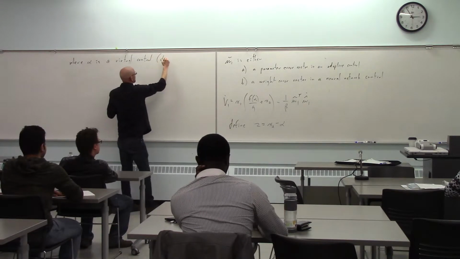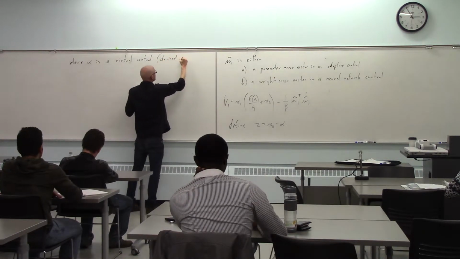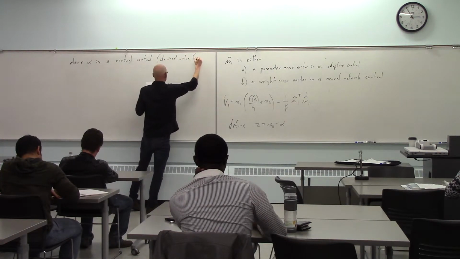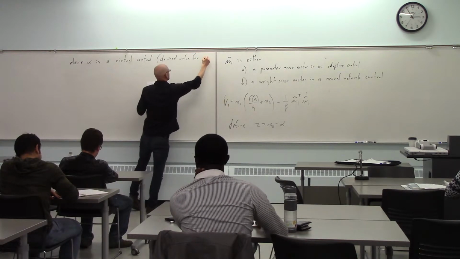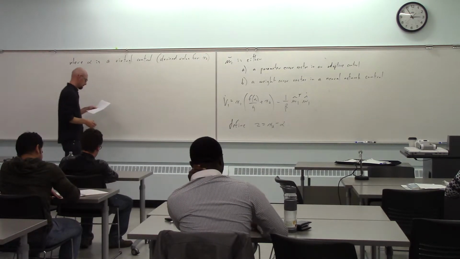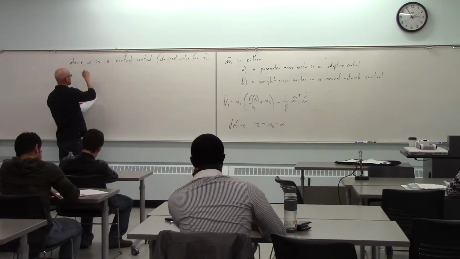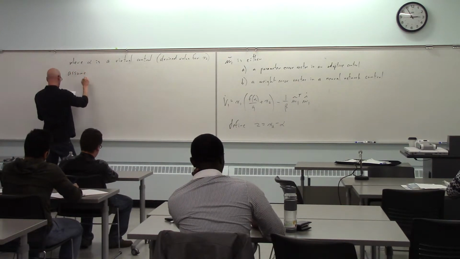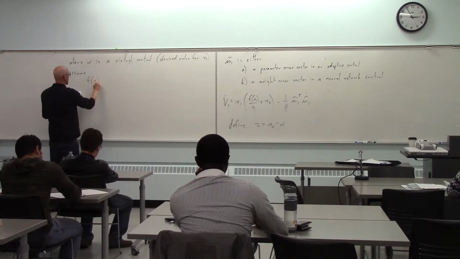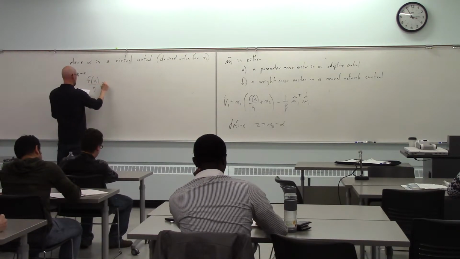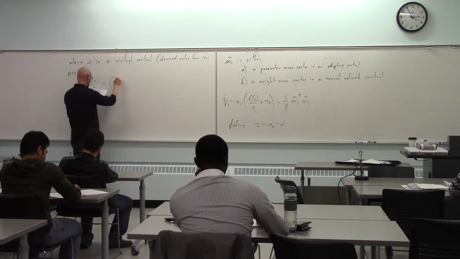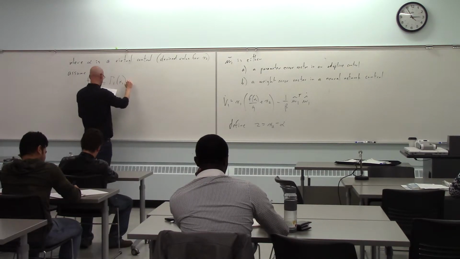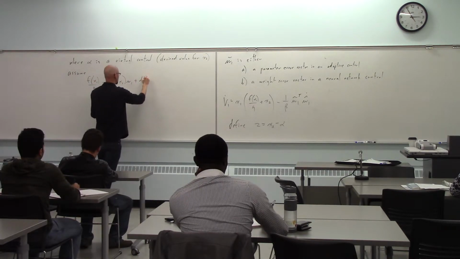In other words, a desired value for x2. So assume we have f of x1 over g being equal to gamma 1 of x1 times W1 plus d1 of x1.